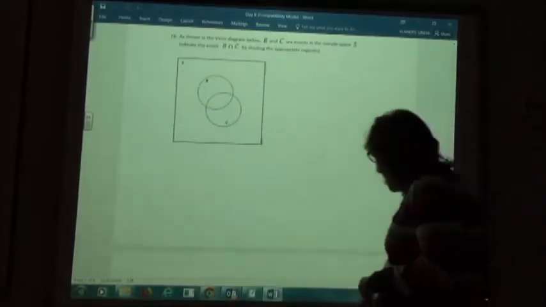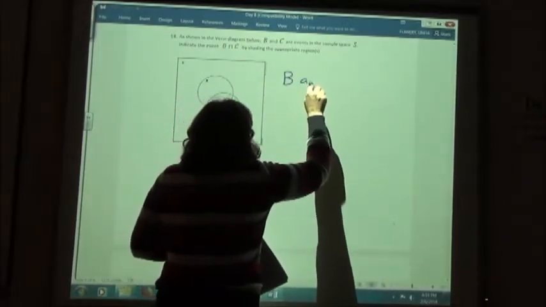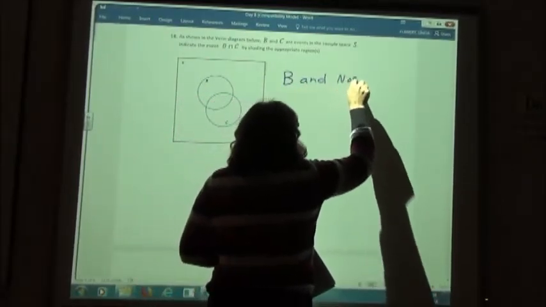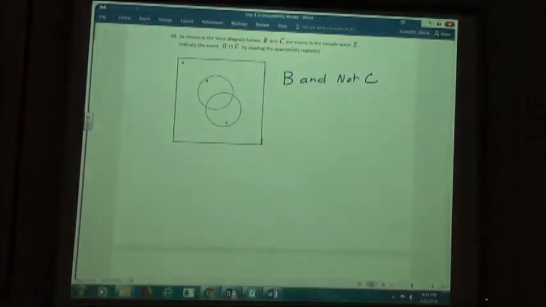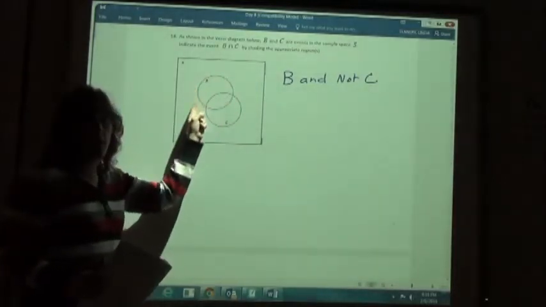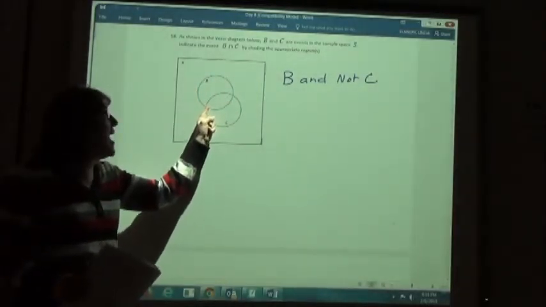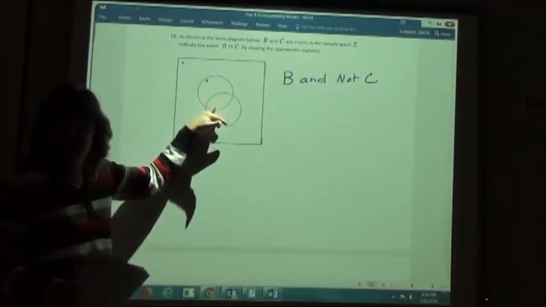So number 18, we want to do B and not C. So I want to shade B and not C. B would mean I would shade this circle here. But since it says and, I have to do the not C. If I don't want to shade C, I don't want to shade this section here.